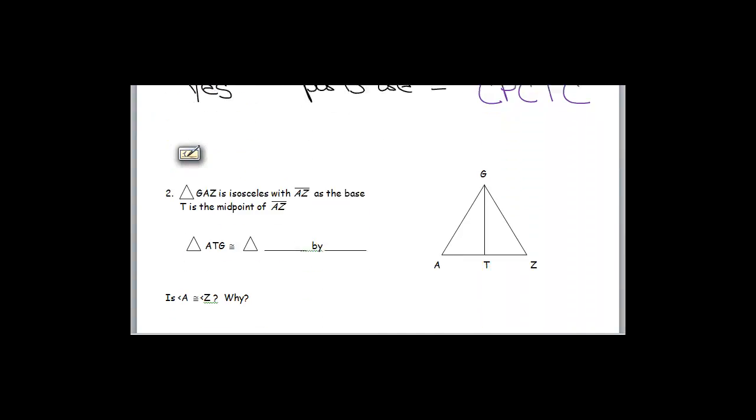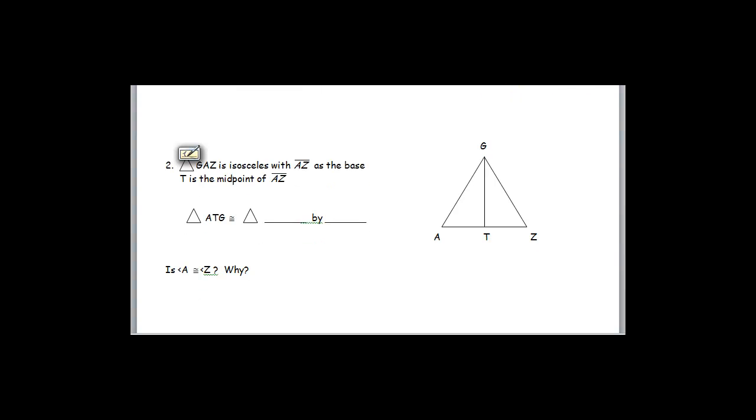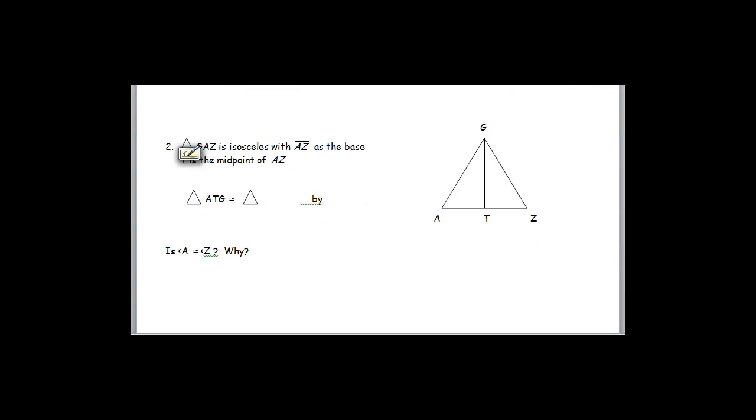Again, we're going to mark the clues that have been provided to us and take it from there. Clue number 1 says that the triangle GAZ is isosceles with AZ as the base. Now, we have to think about that. If AZ is our base right there, an isosceles triangle has 2 congruent legs.